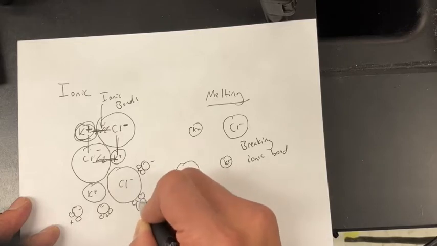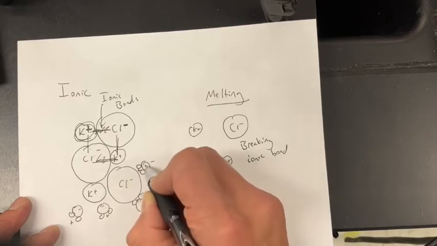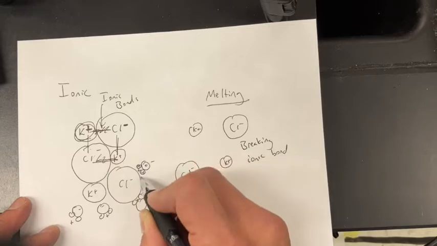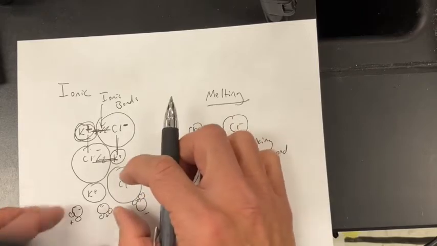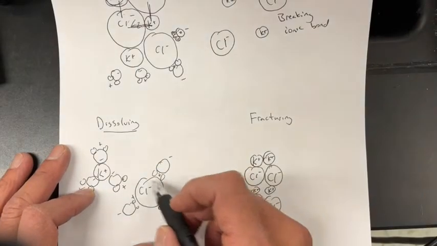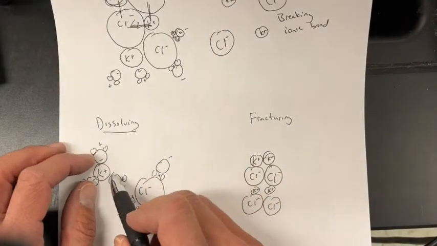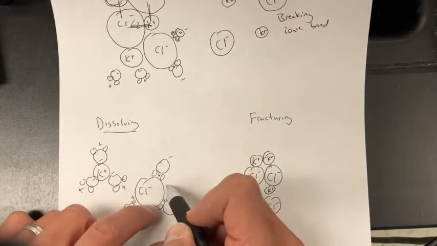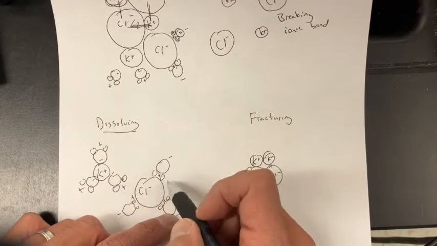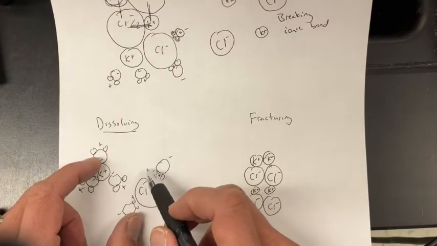Okay, so this is O and this is H. They come in and they're going to pull them apart, and dissolving an ionic substance kind of looks like this. So now we have the ions floating around, getting pulled into the water, and that's what dissolving looks like.